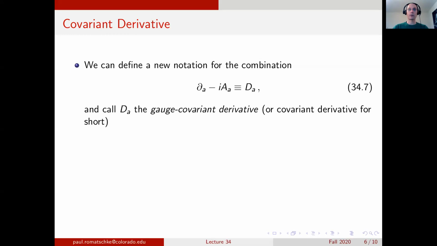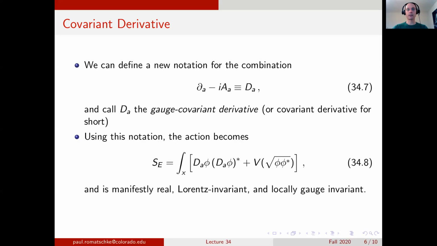It is useful to define a new notation for the combination d minus iA, and we call this capital D, where capital D is now the gauge covariant derivative, or covariant derivative for short. Using this notation, we can write the action as an integral over spacetime x times the covariant derivative of phi times the covariant derivative of phi complex conjugate.